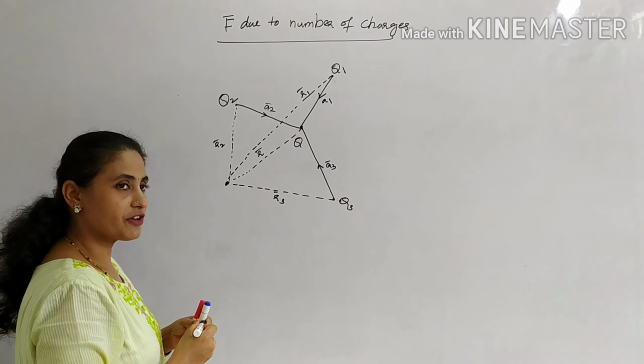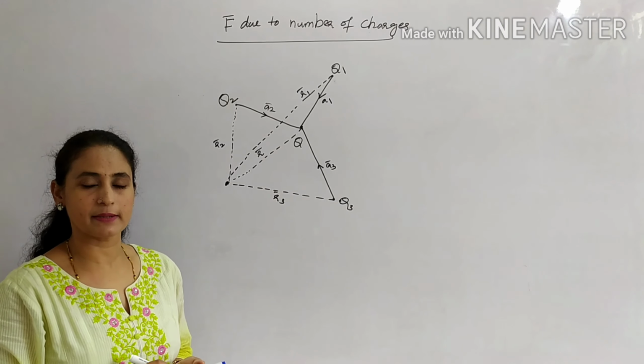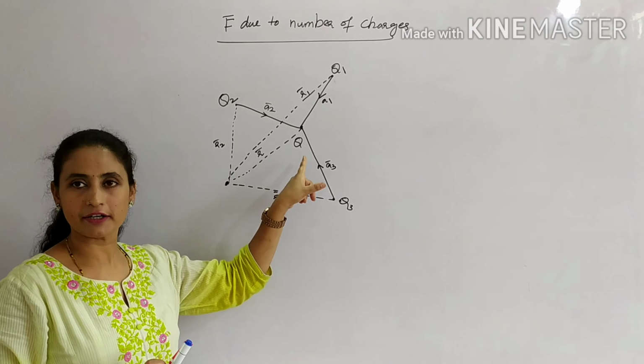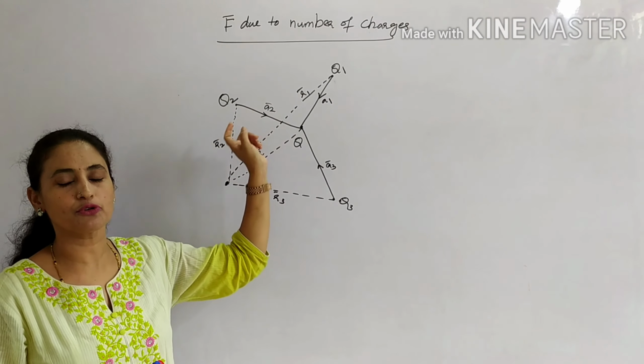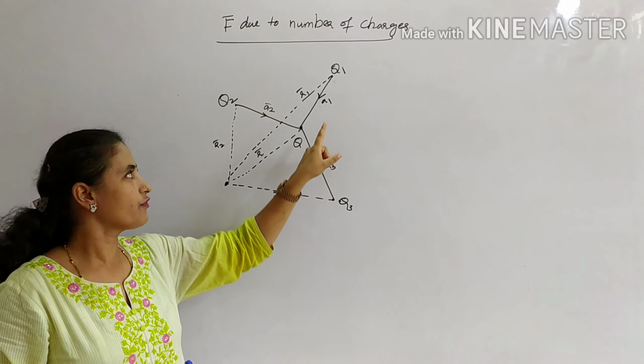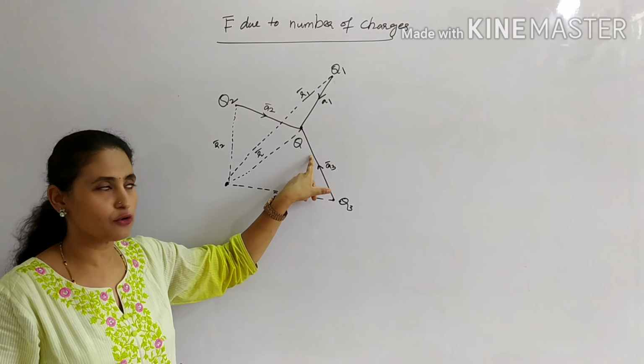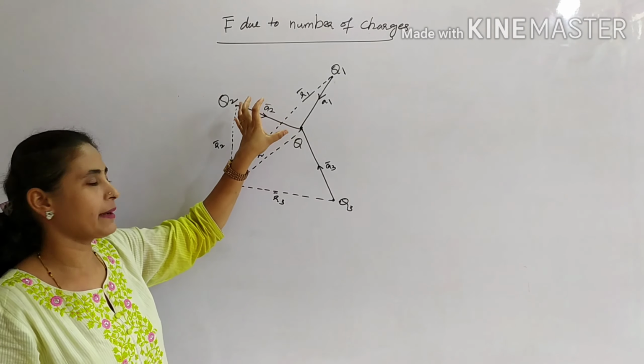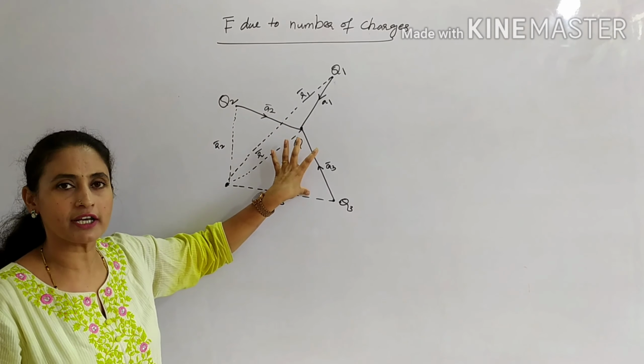Now we apply the superposition principle to find the force on Q due to Q1, Q2 and Q3. Meaning, while I am calculating the force on Q due to Q1, I am not going to consider the force due to Q2 and Q3.